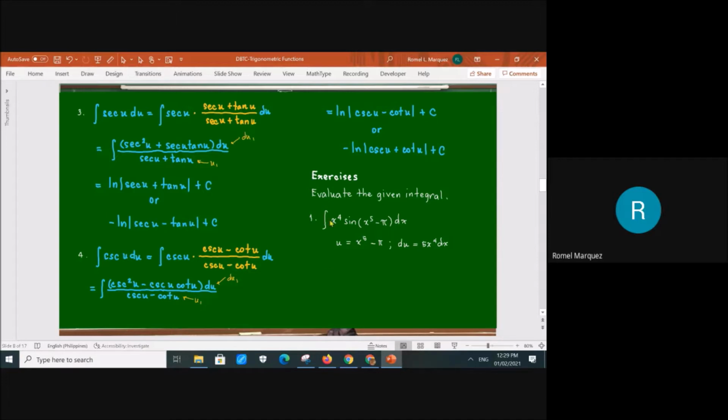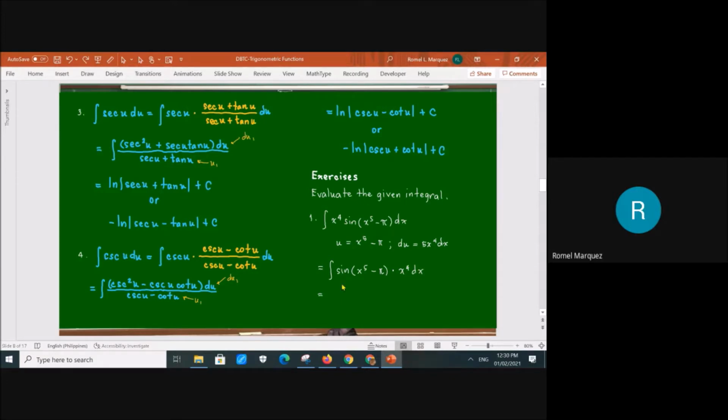So, we now have, let's write. Since there is a missing 5, this is not yet correct. So let's rewrite that so that it will take the form sine u du. So sine of (x to the fifth minus pi), our u, multiplied by x to the fourth dx. Again, we are going to replace x to the fourth dx by what?